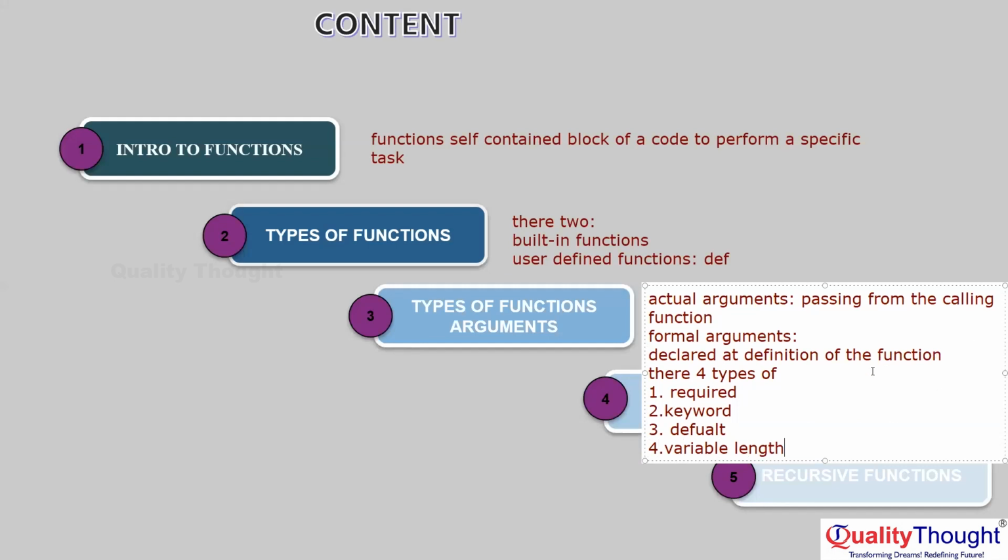So these are the 4 types of arguments that can be defined as formal parameters. Let me show you a demonstration of how exactly these 4 work whenever we declare the formal parameters.